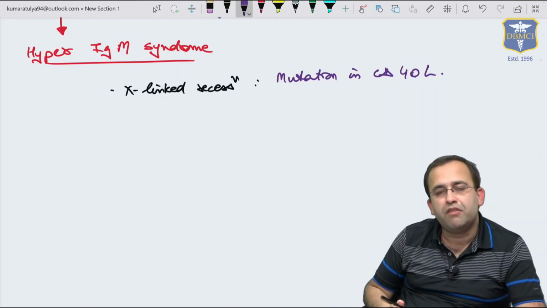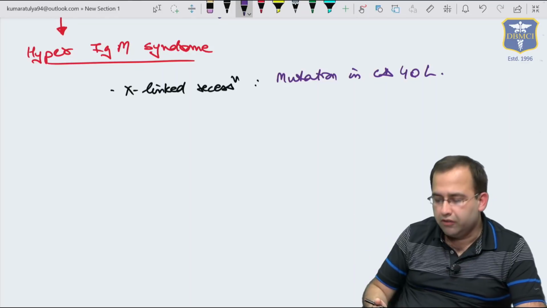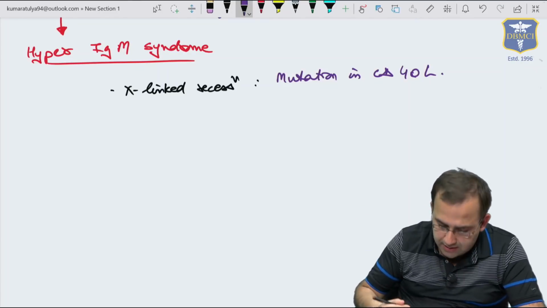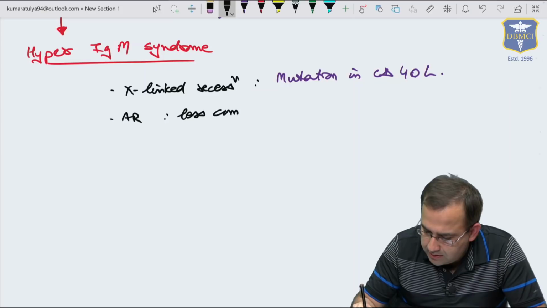This was what was given in the flow cytometry plot: CD19 positive, CD40 negative, hyper IgM syndrome, X-linked recessive. The inheritance can also be autosomal recessive, but this is less common.